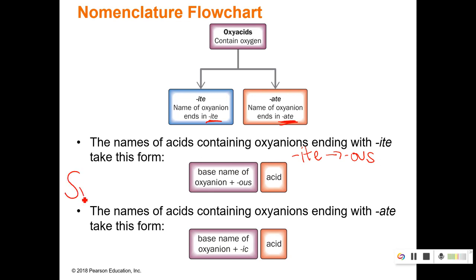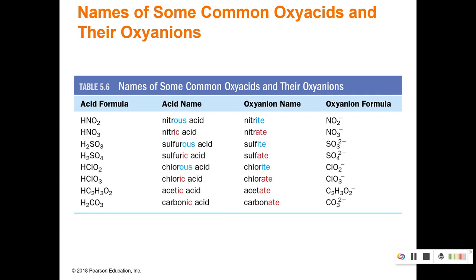So one of my students several years ago came up with this. Sprite is delicious. Okay, because it's got the OUS and the ITE. ATE will go to IC, which is what all the other ones were going to. Okay. So all we're doing is taking the ITE or the ATE off and putting on the correct suffix. So nitrite as an acid becomes nitrous acid.